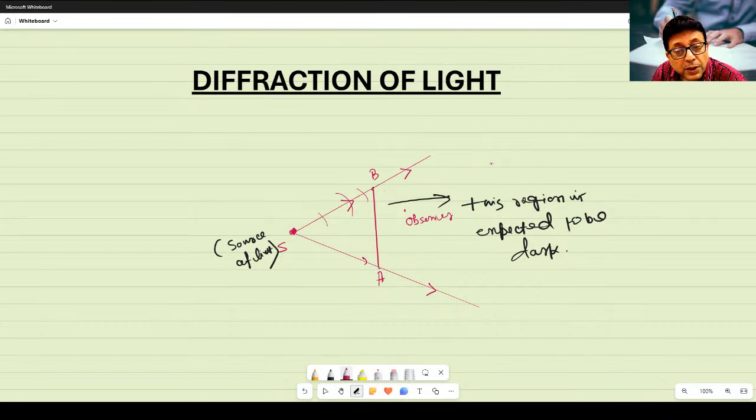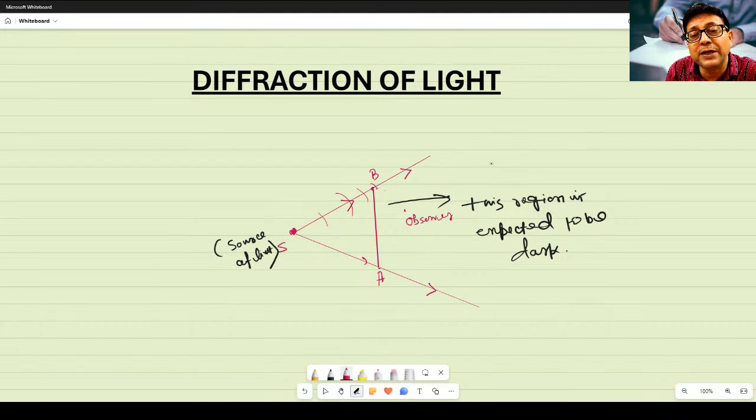That's why we observe light over there. The region is partially enlightened. And this is observed whenever there is an obstacle. On the sharp edge of an obstacle, it happens. The wavefront incident here, suppose the wavelet is situated here, a part of it will be entering there. So some intensity of light is always observed.